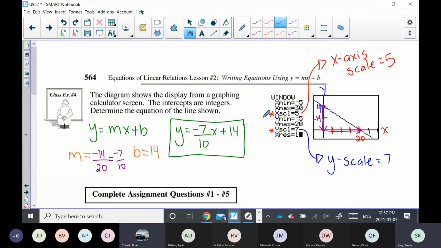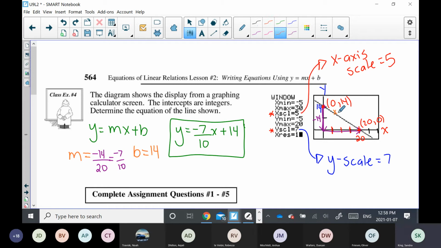If it doesn't give you numbers, and you're wondering what's another way to figure out the slope, you would write down what point this is. X is 0, Y is 14. What this point is, X is 20, Y is 0.